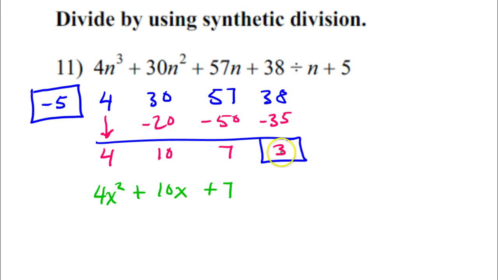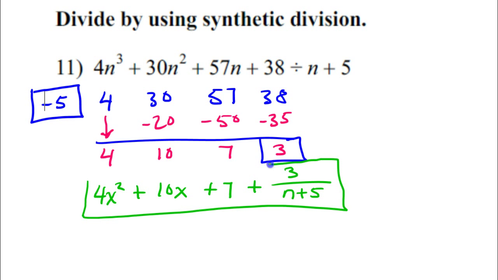And now I take my remainder and put it over my divisor. So I'm going to say plus 3 over n plus 5. Okay, so this is the answer, which, by the way, is the exact same thing we would have gotten if we had done long division.